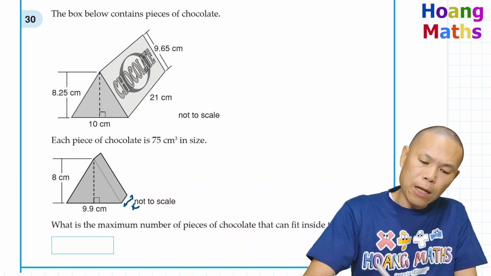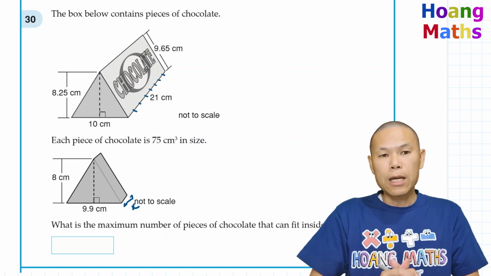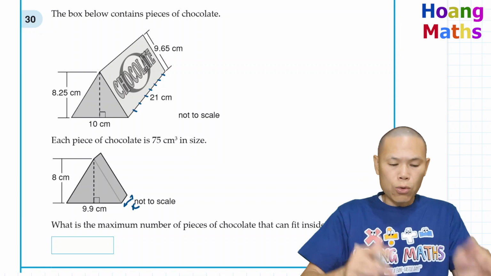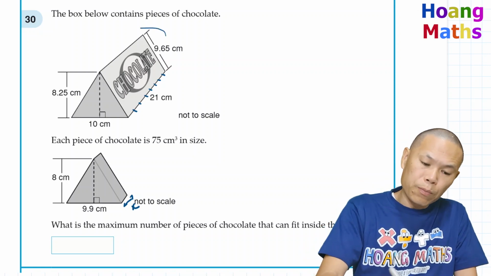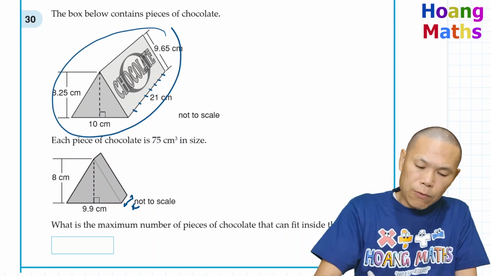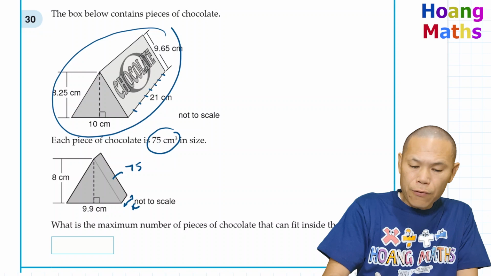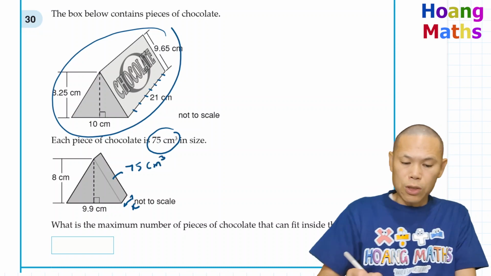So this is x, and then we just need to work out how many of these go into this box. Otherwise, we can also work out the volume of this whole box here, and then divide it by 75 because we know the volume of this chocolate is 75 cubic centimeters.